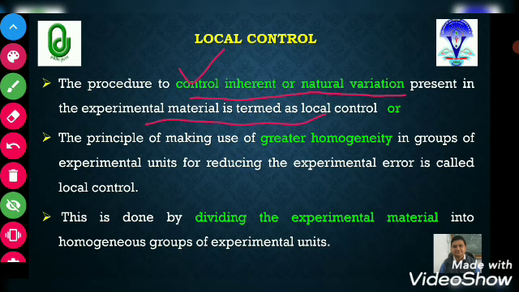When there is variation in the experimental material itself, even after applying treatment randomly or replicating it, you will not get an error-free result. So for that, local control is applied. It is the procedure to control inherent or natural variation present in the experimental material.